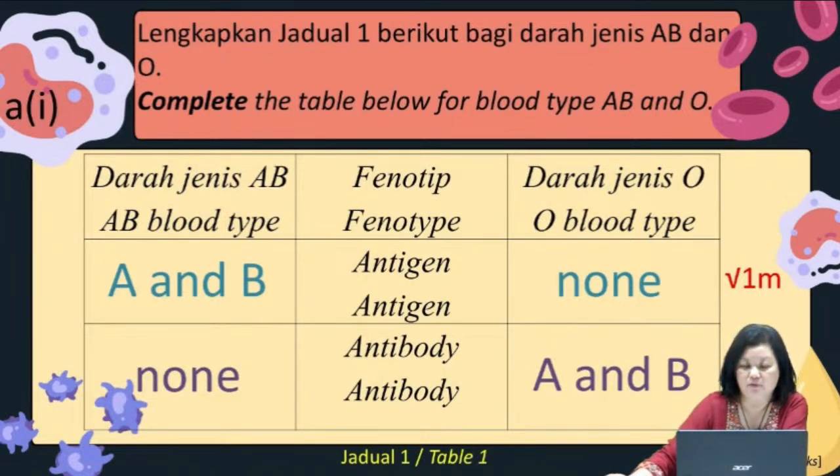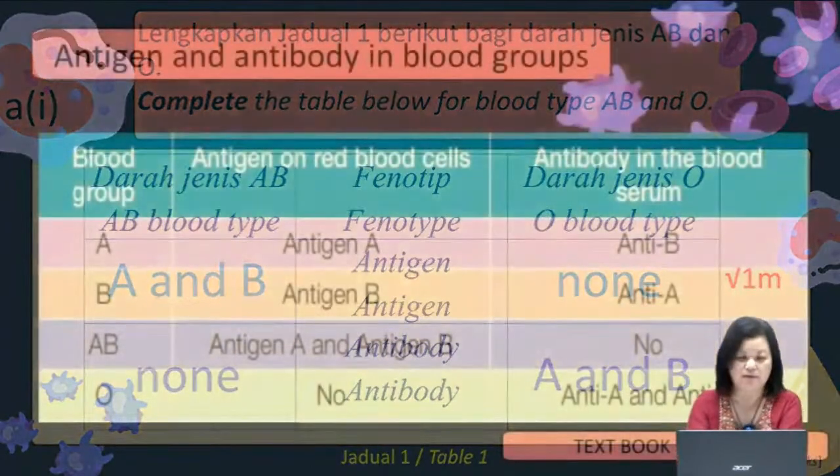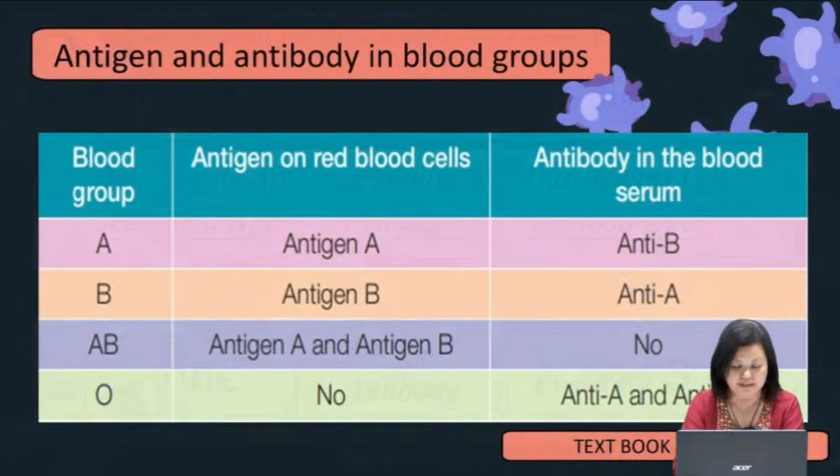If you are correct for the above four sections, you will get 2 marks. Actually, boys and girls, you can refer to the Form 4 textbook, page 185, to get the answer.